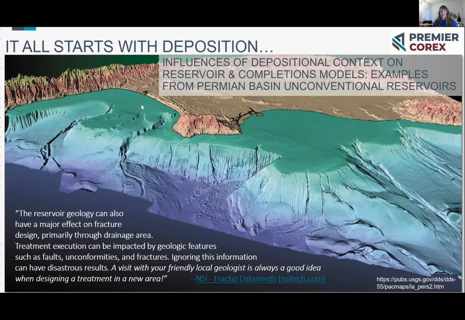The reason that I chose this lovely image slide is I think it's a really nice modern analog for the depositional systems that I'm going to be talking about today, where we have sediment gravity flows coming into a deeper basin from a shelf. You can see there's mountains in the background here. We have a nice shelf here that's relatively shallow.